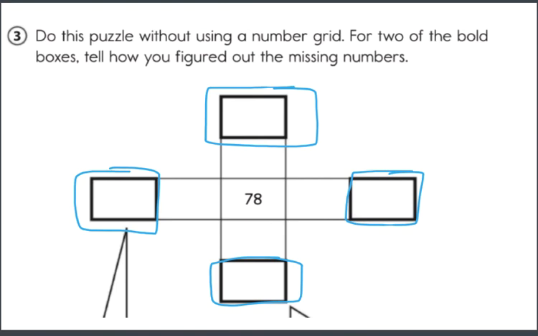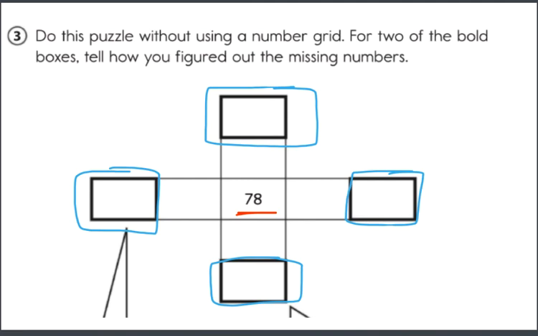So this puzzle I want you to do without using a number grid. So you see something just like the previous number grid puzzle where we have a starting number, 78. For 2 of the bold boxes, I want you to think about how you figured out the missing numbers.